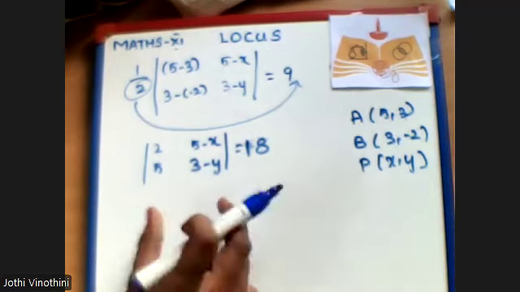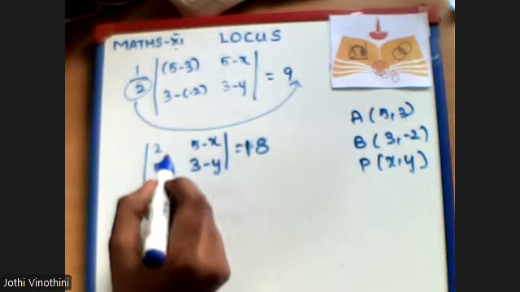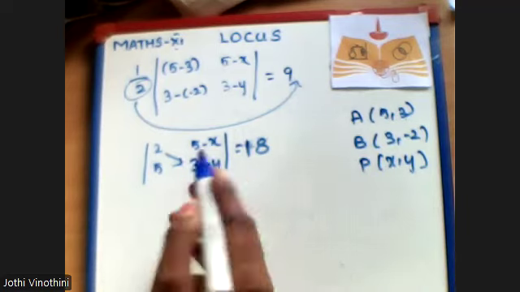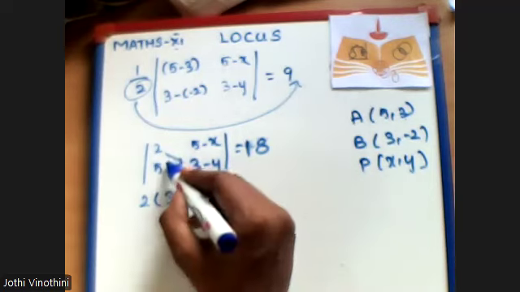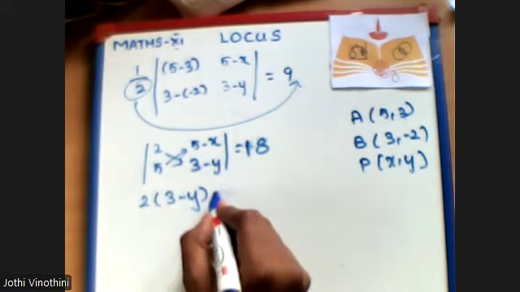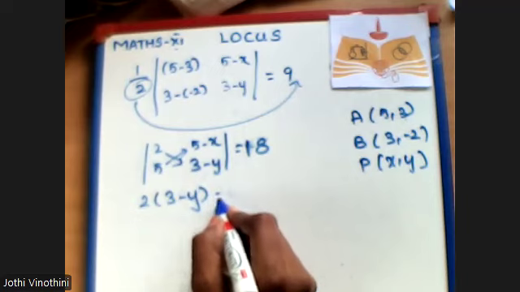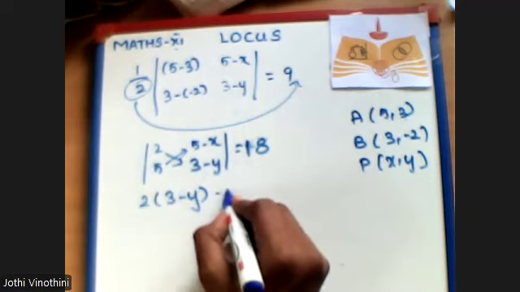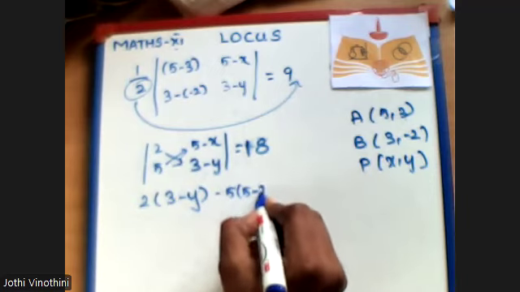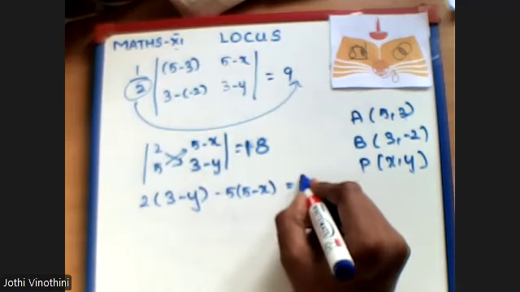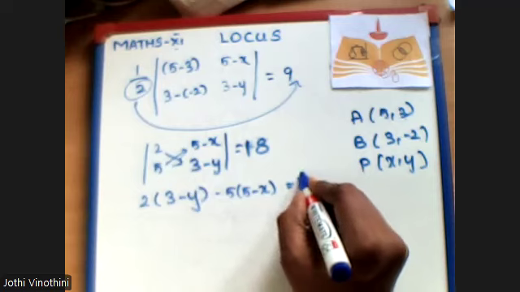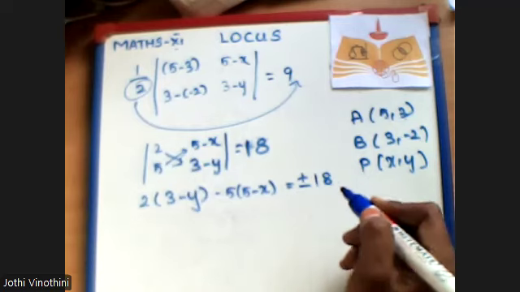Now we are going to solve this modulus. For solving this, we have to multiply this 2 by 3 minus y. While solving in the opposite direction, we have to put an additional minus symbol, so 5 multiplied by 5 minus x. Now solving the modulus, it will become plus or minus 18.